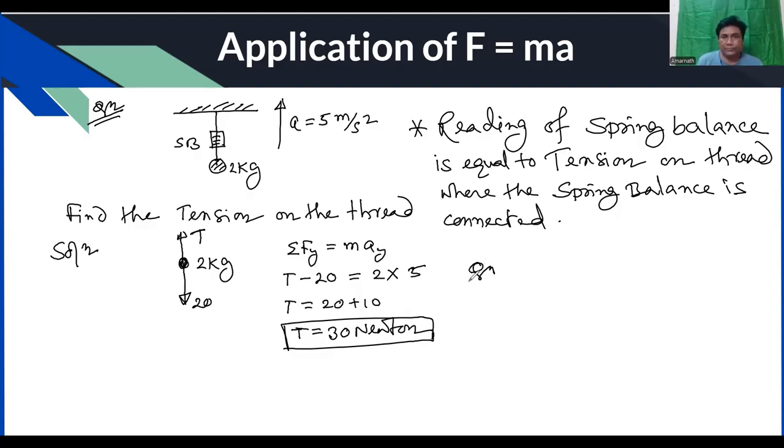Say if I ask you, say this is an object, say this is 5 kg. So what is the tension? It is 50 only, if it is stationary. But I am asking, if it is accelerating down, say 2 meter per second square, then calculate the reading of the spring balance.